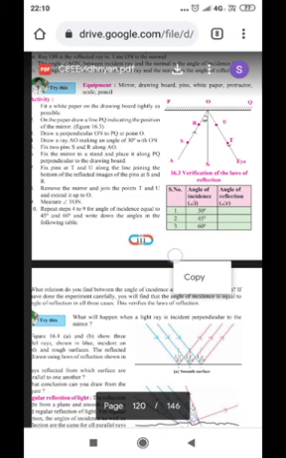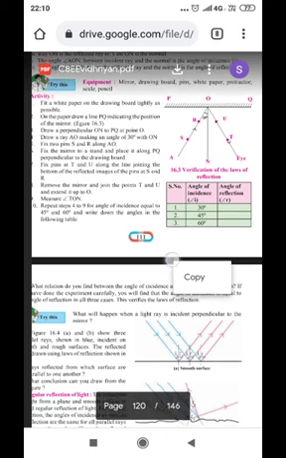Draw a normal ON to PQ at point O. Draw a ray AO making an angle of 30 degrees with ON. Fix two points S and R along AO.